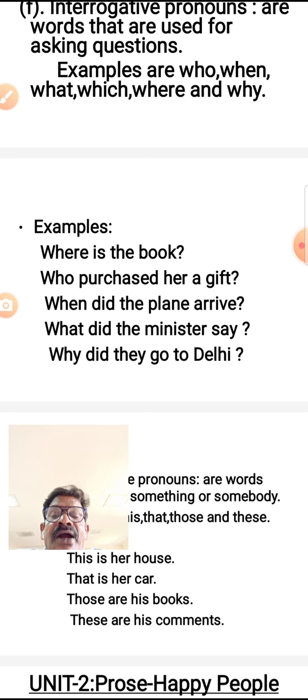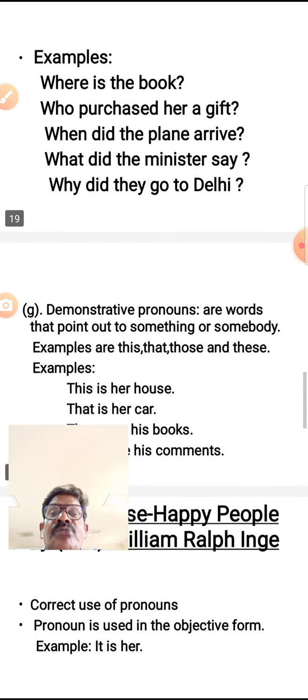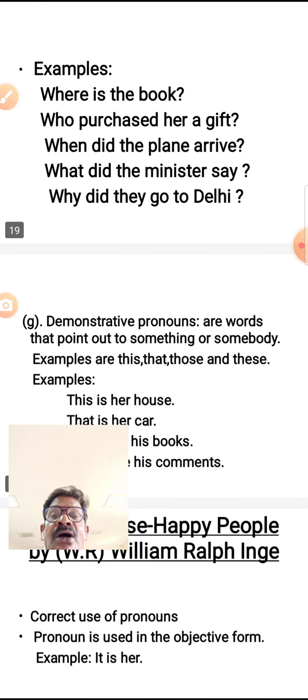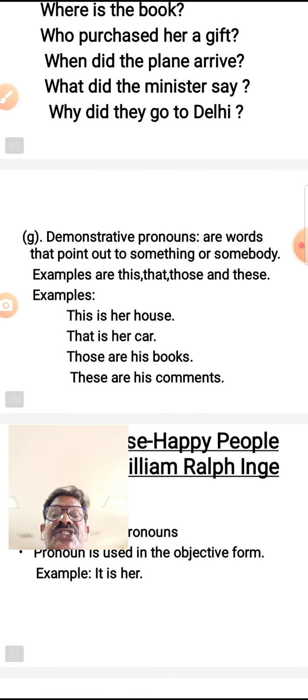Right. And now, after completion of interrogative pronouns, let us come to demonstrative pronouns. Demonstrative pronouns, which we had discussed already, but once again we are going to have a discussion in detail. Demonstrative pronouns are the words that point out something or somebody.